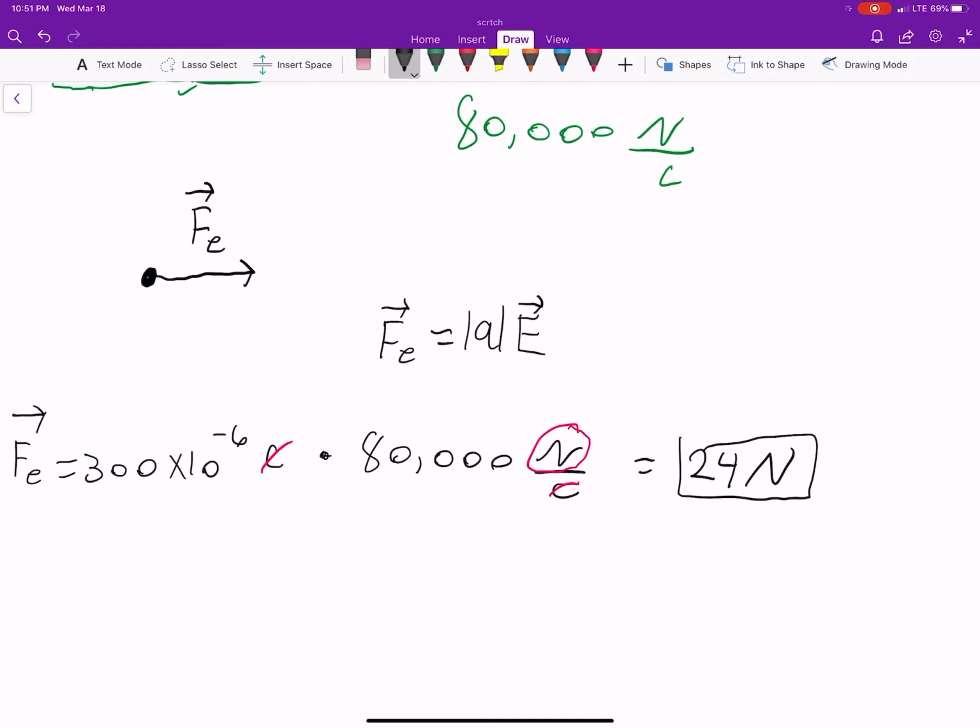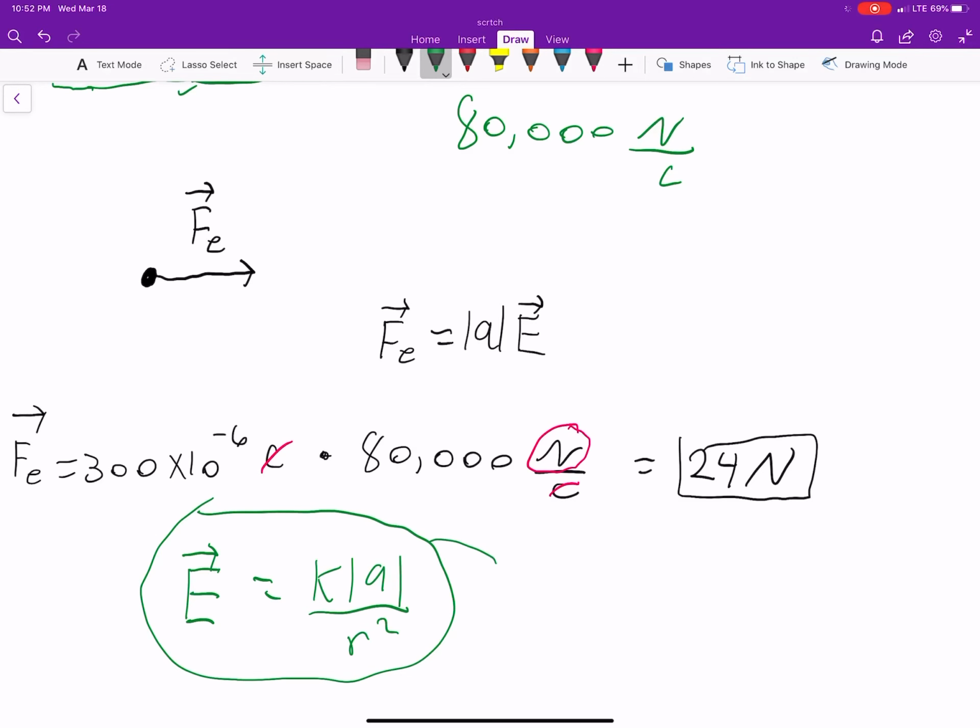So, real quick, you might have seen this equation before, which is that the electric field itself is equal to K, the magnitude of the charge, divided by R squared. Now, the reason why this wasn't important is because this is for the electric field created by a point charge Q. We're not actually interested in what's creating this electric field.